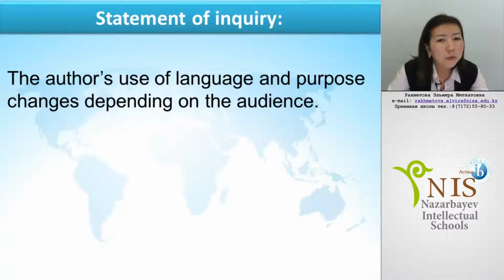The statement of inquiry of our unit: the author's use of language and purpose changes depending on the audience. So in order to deliver the message, first of all, authors should know the audience, and only after that they choose different kinds of methods in order to persuade other people.